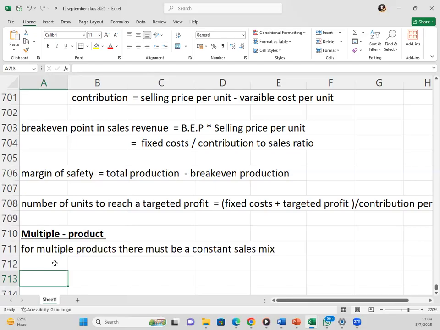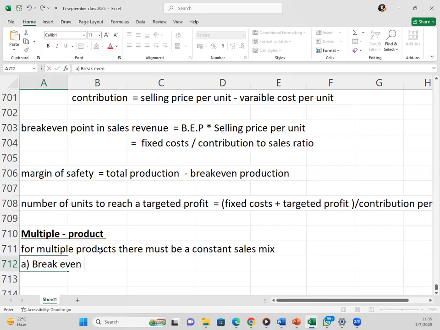The formulas are almost the same, but there are slight changes. They are likely to give you questions for a multiple product environment.